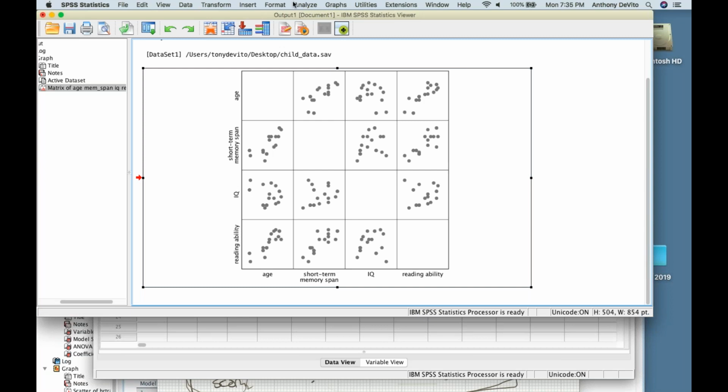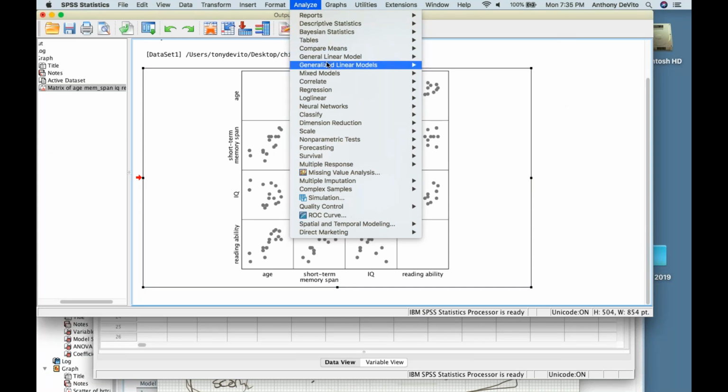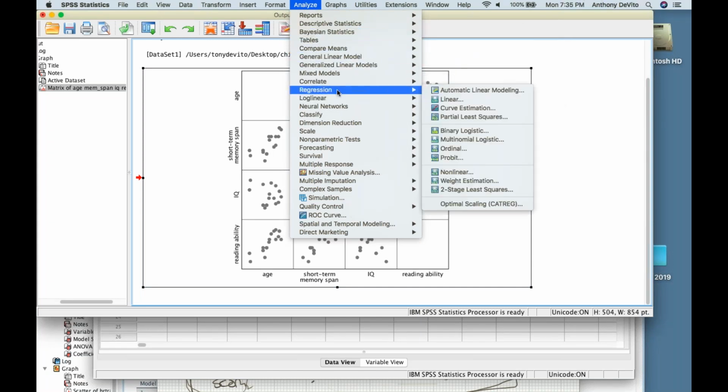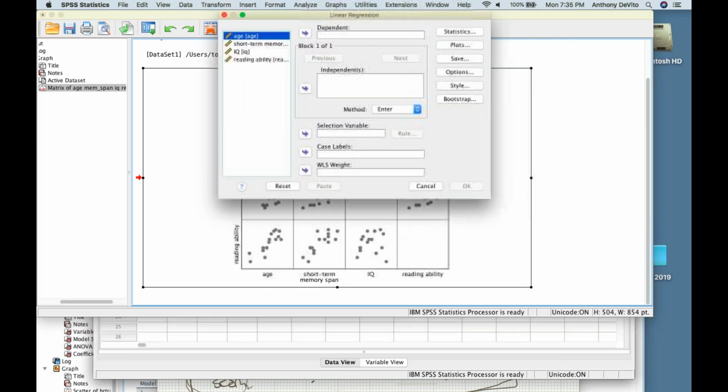Okay, so now let's skip past correlation and let's create a regression formula for this. Okay, so go to Analyze, Regression, Linear. And go ahead and decide which is the dependent variable and which are the independent variables.